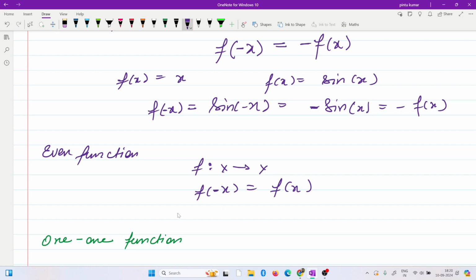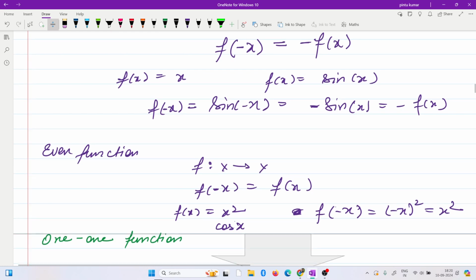For example, if you take f of x is equal to x square, then f of minus x is minus x whole square, which is x square. And another example is cos x. So if you give cos of minus x, this is equal to cos of x.